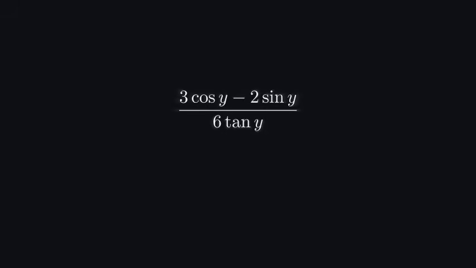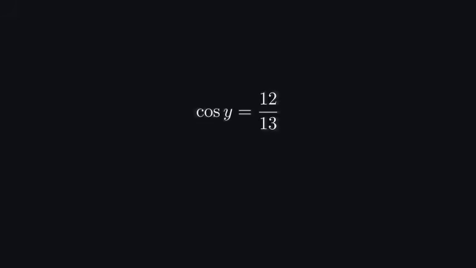3 cosine of y minus 2 sine of y over 6 tan of y. Sin of y equals 5 over 13. Cos of y equals 12 over 13. Tan of y equals 5 over 12.